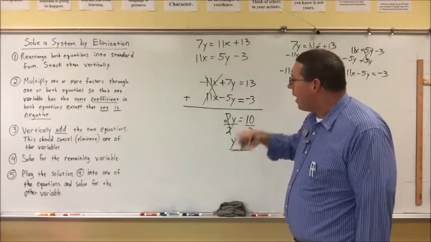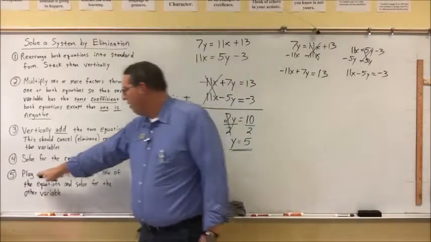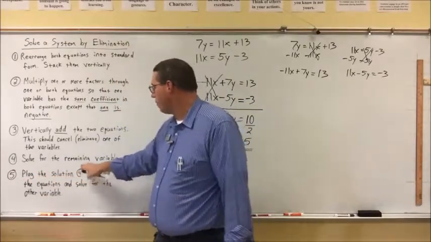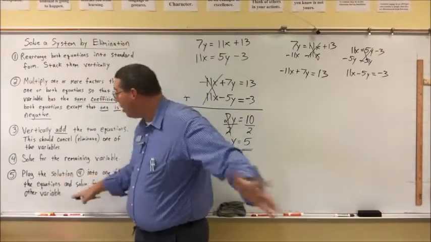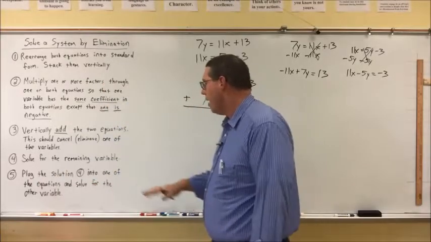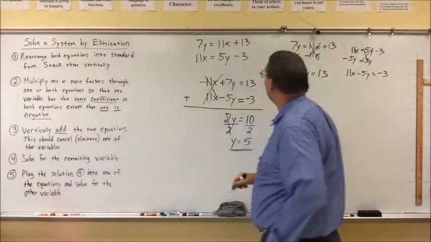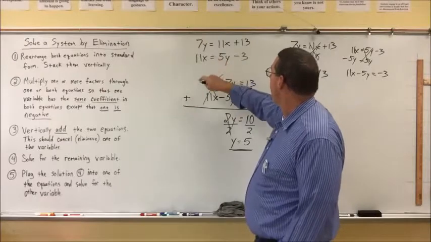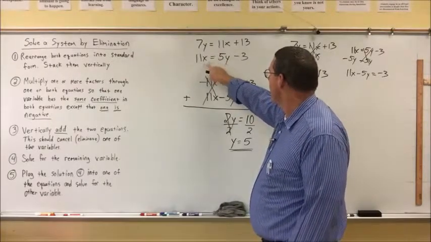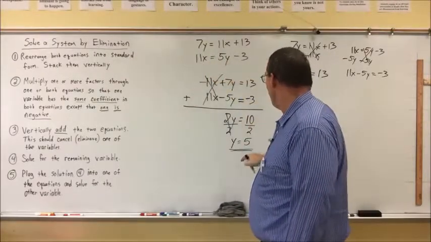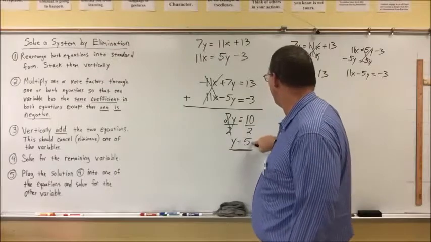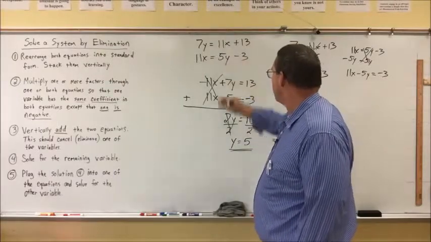Now to find out what x is equal to, step 5 says plug the solution from step 4 into one of the original equations and solve for the other variable. So I'm going to go up here and take maybe this one right here. See this, 11x is equal to 5y minus 3? I'm going to put the 5 in for y right here.